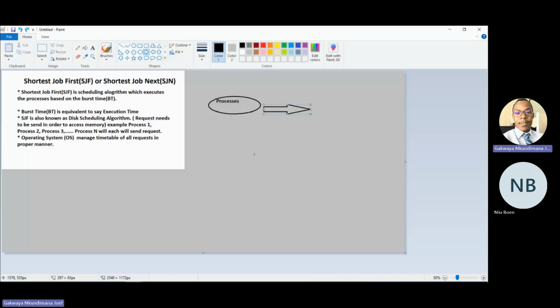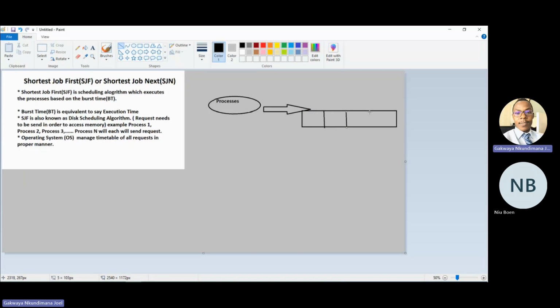Okay, take an example. This is the process. And when we have the processes which are in a ready queue, or these processes are in new state, this process can come here. Let's say the processes are coming in this way. This is the way we write the process, right?